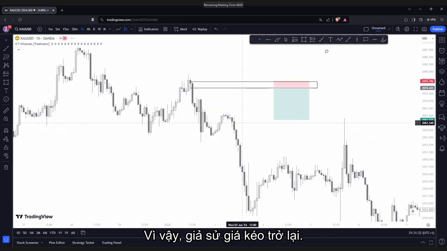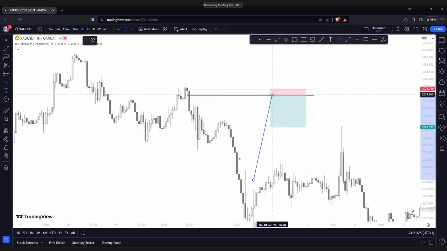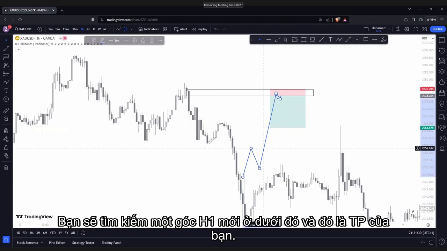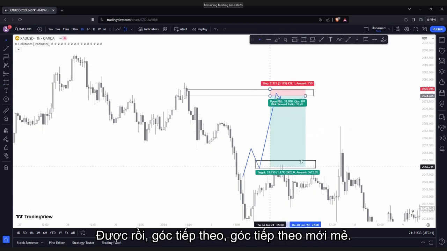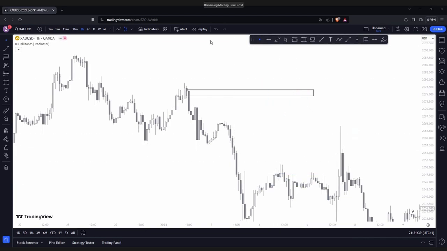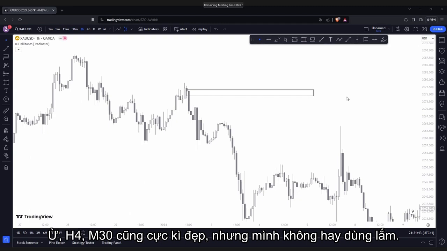So let's say price pulls back, okay, whatever. You're going to look for a fresh H1 engulf down there, and that is your TP. Okay, the next fresh engulf. Okay. Yes, H4 M30 is extremely nice as well, but I don't really use that.